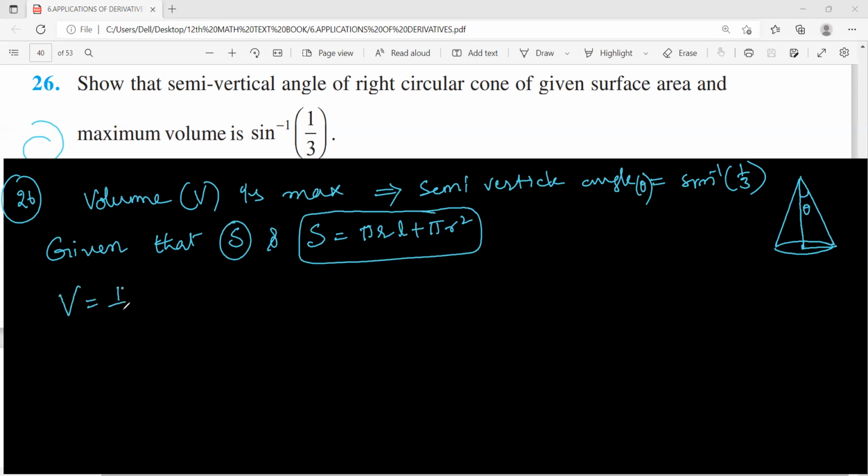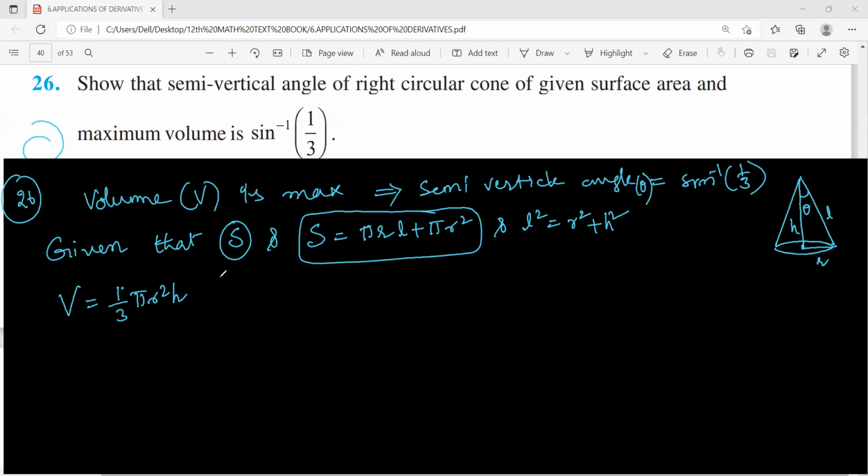Volume of the cone is 1 by 3 pi r square h, and we know L square equal to r square plus h square.